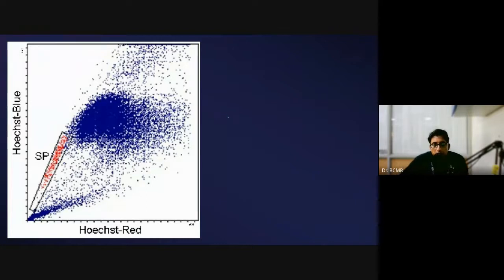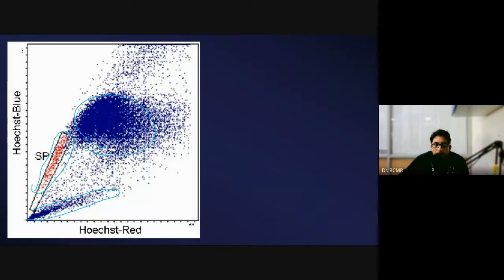When they performed such an experiment, they found three different cell types. Here is one whole cell type, and these are some other cells, and then there are the ones shown in red here.